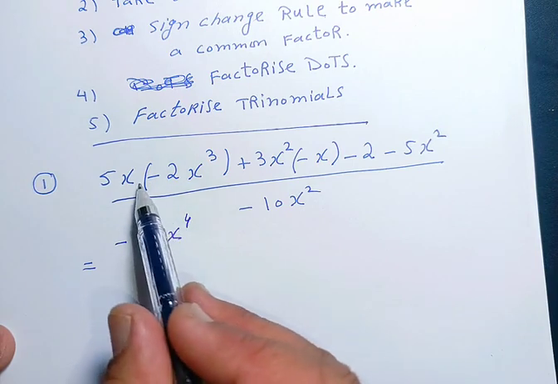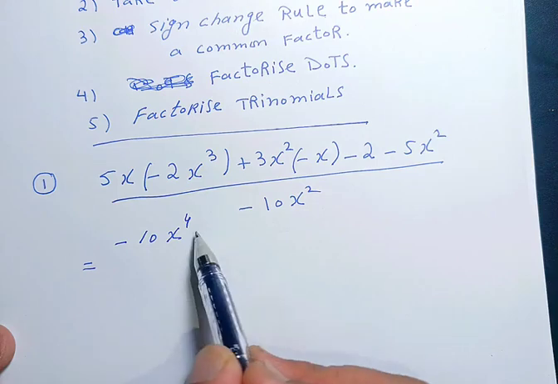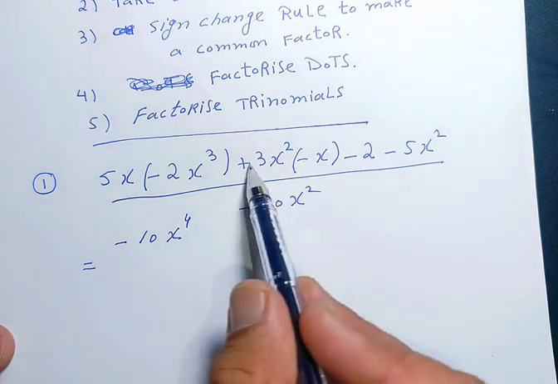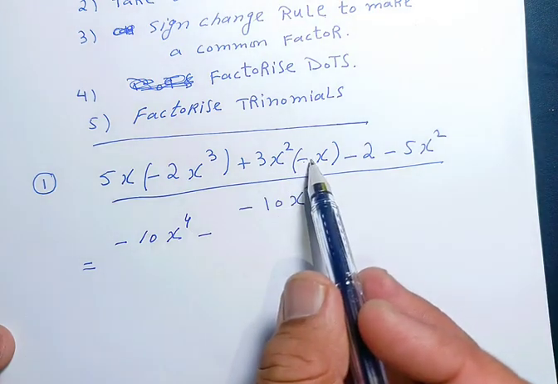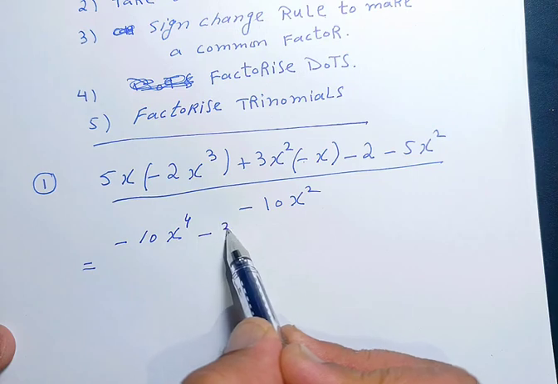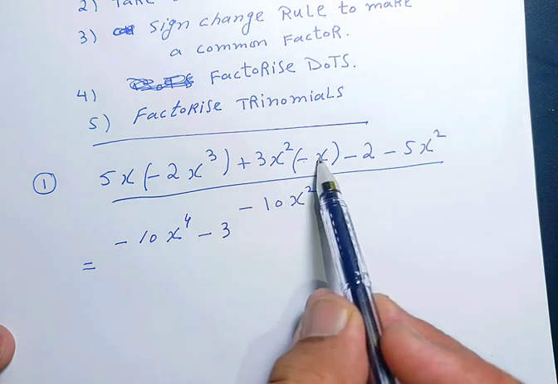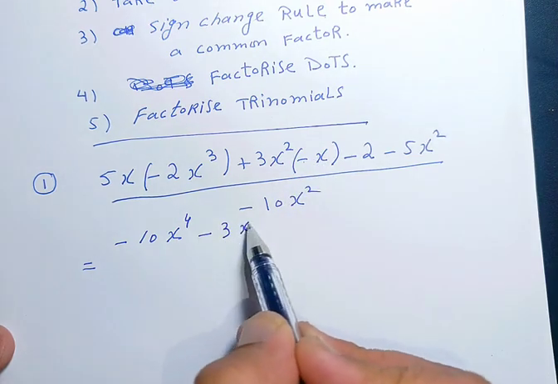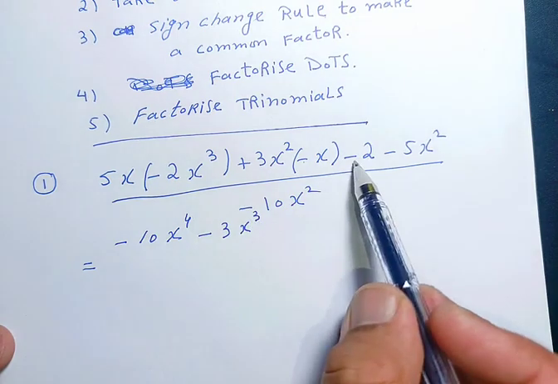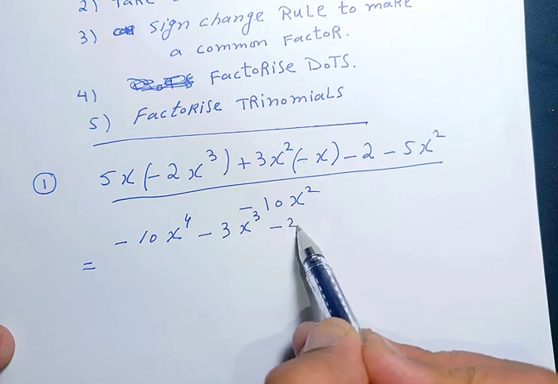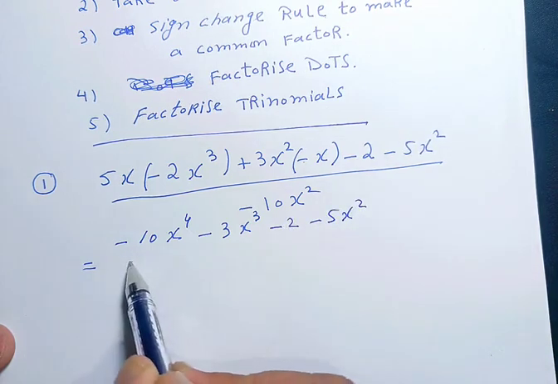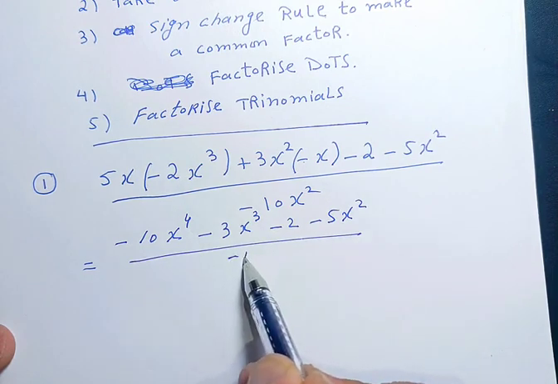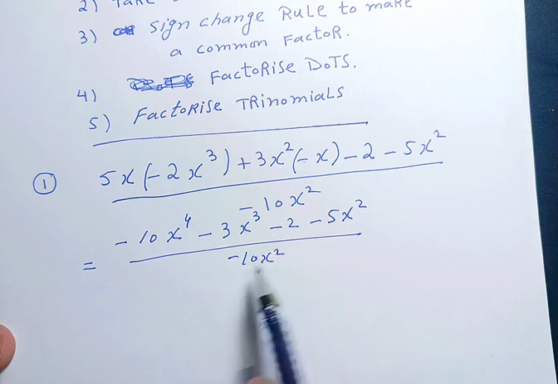Remember, when you multiply, the power adds. Now negative and positive is negative. 3 times coefficient is 1, 3 times 1 is going to be 3, x power 2 times x power 3. Negative 2 as is, negative 5x square also as is. Divide by negative 10 x power 2.